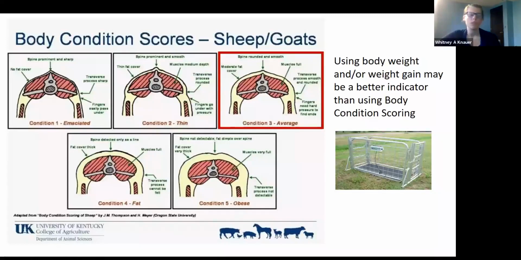And this is useful for tracking things like average daily gain in your market animals. It can also tell you things about worm burden. So if your lambs or kids aren't quite growing like they did last year, one thing that might be impeding them from growing are parasites. And so again, getting a scale, running animals over it, and monitoring animals over time is a really useful thing to do.